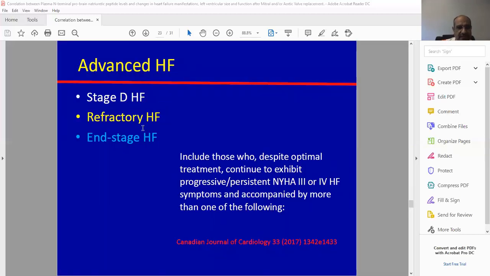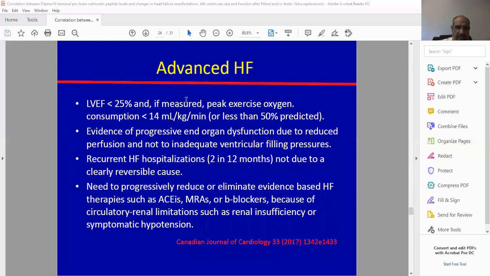We could call them advanced heart failure, stage D heart failure, refractory heart failure, or end-stage heart failure. Advanced heart failure is the term we like most.